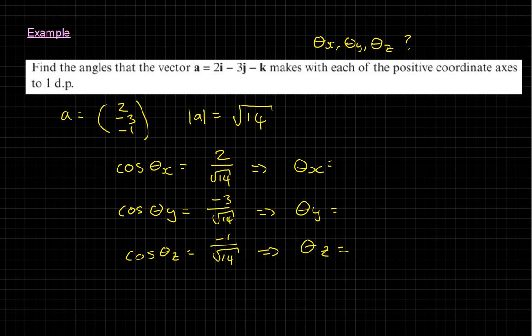In this specific case, the answers we get are theta x is equal to 57.7 degrees to one decimal place, theta y is 143.3, and theta z is 105.5.